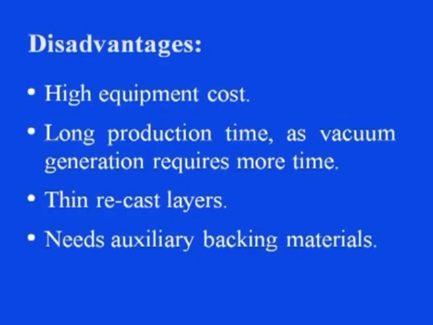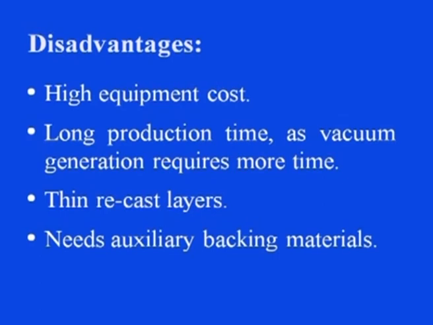Then let us note a few disadvantages of this process also. As I have indicated at the very beginning, the equipment cost for this process is very high. The production time is also relatively longer.